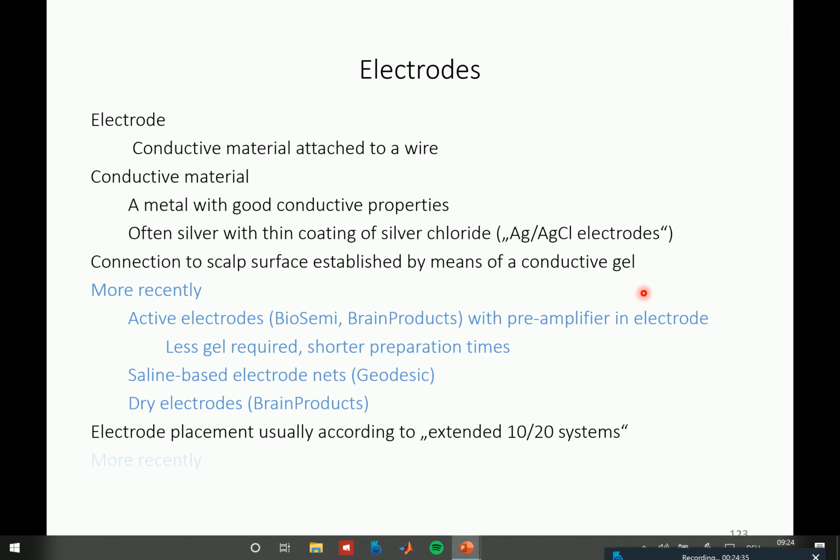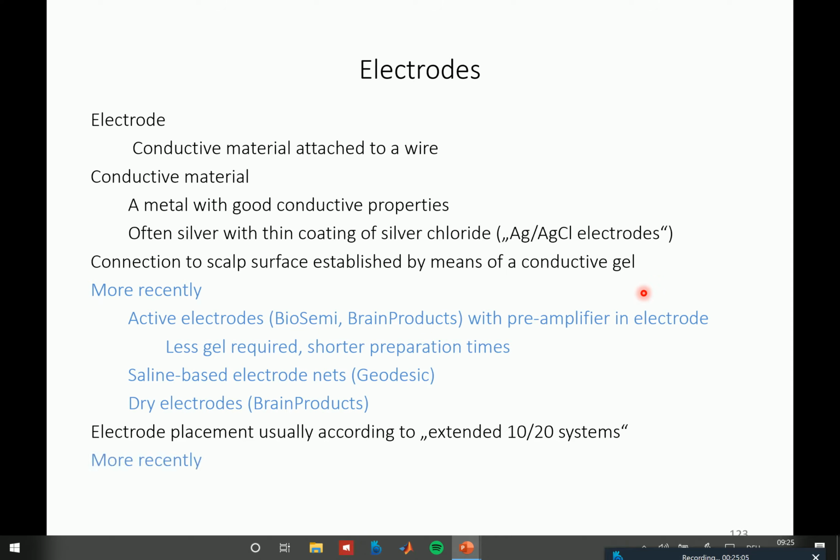Yeah, the electrodes used to be placed according to the extended 10-20 system, which I will show you in a second. What this meant is that you basically had to do some measurements on the scalp and then figure out where you have to put the electrodes. So this is what technicians, I guess, used to do until the mid-2000s.